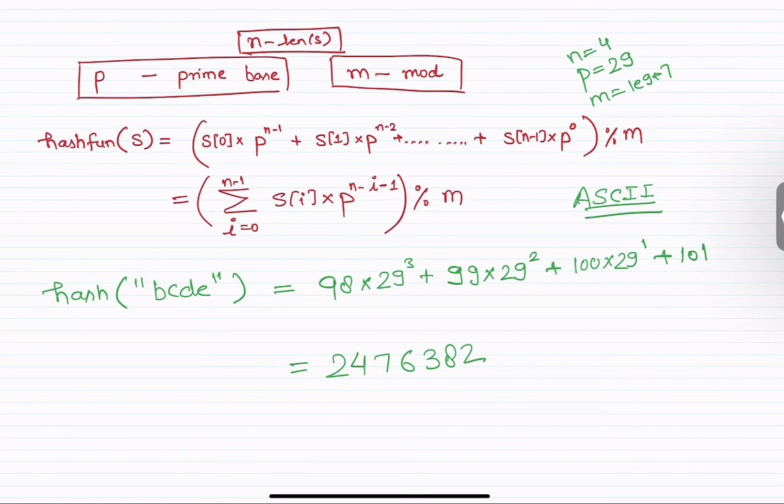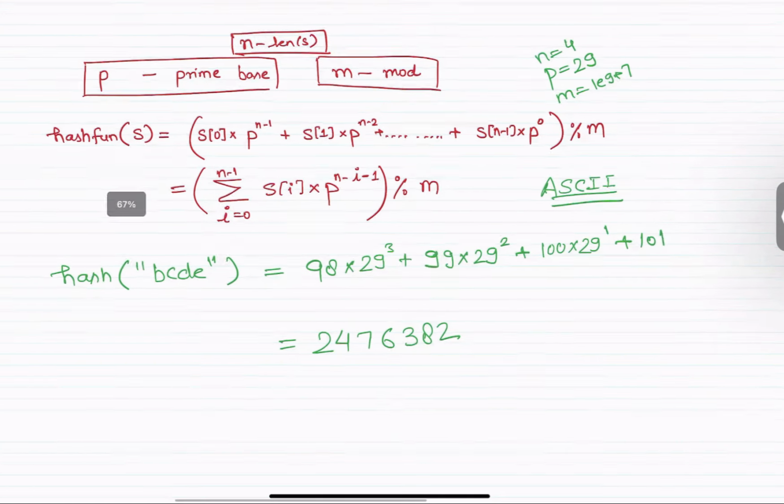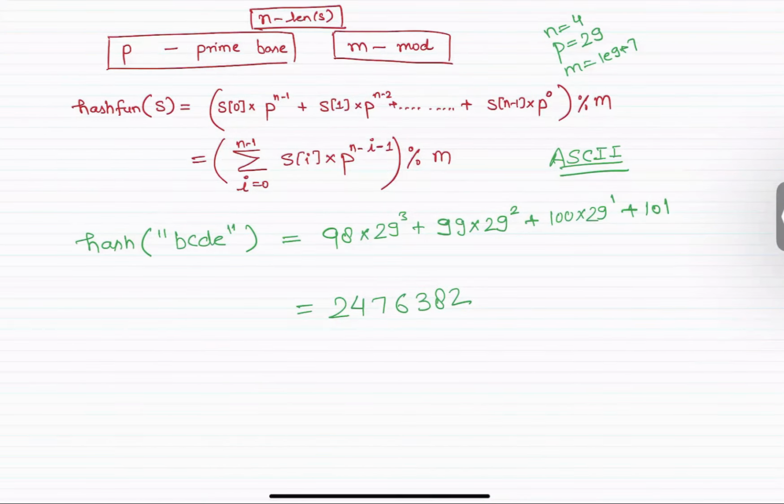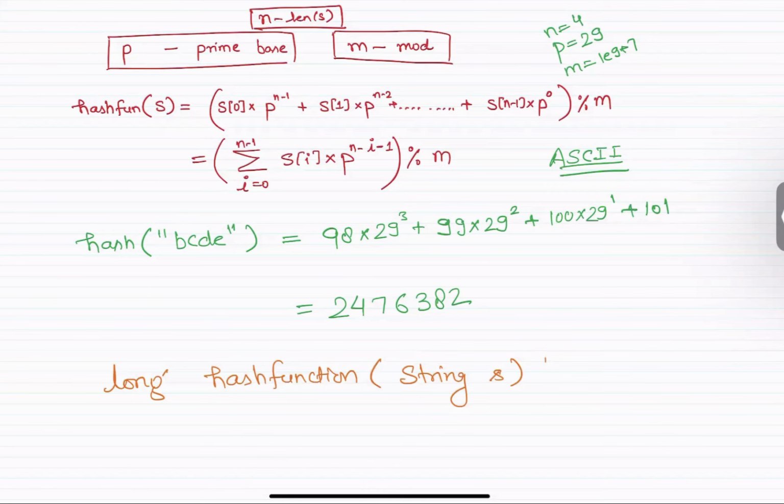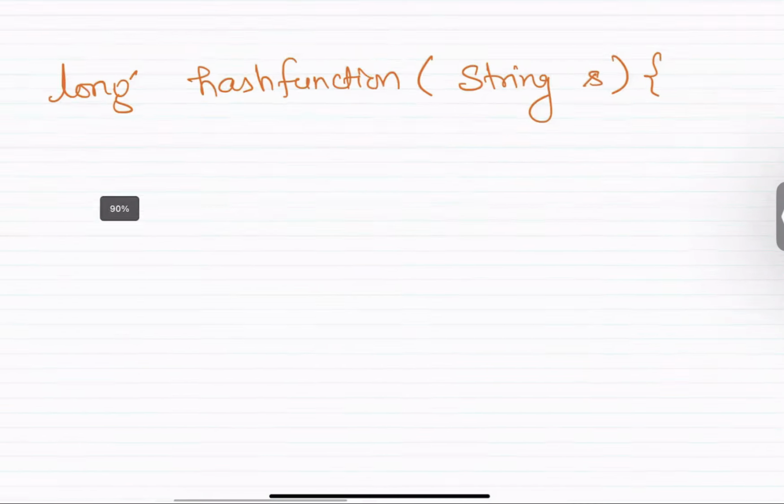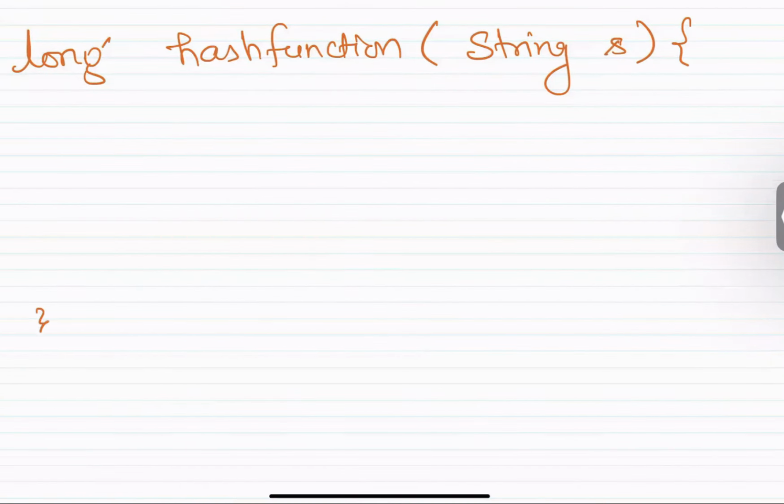Now, if I ask you to write code or a function which can compute this value using modular arithmetic, will that be easy? Let's write it as hash function of string s, and you should be returning a hashed value of this. That is easy to do. Can you quickly write this code?